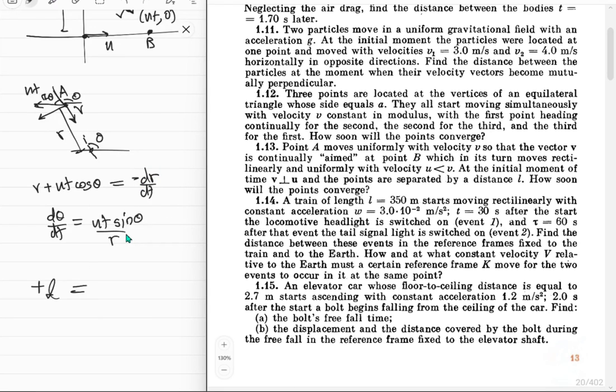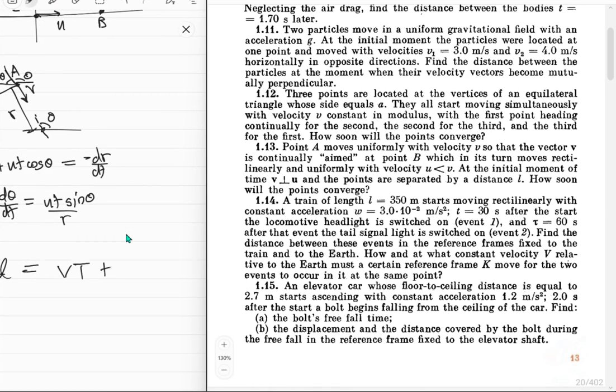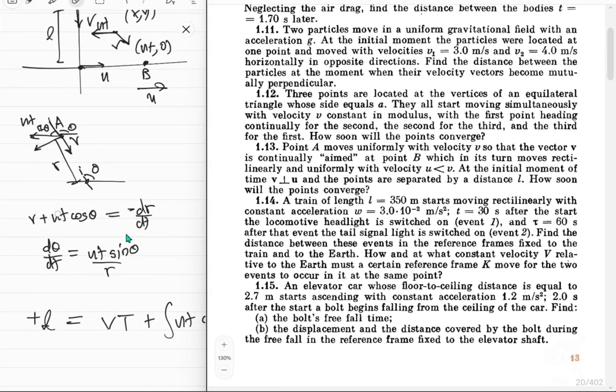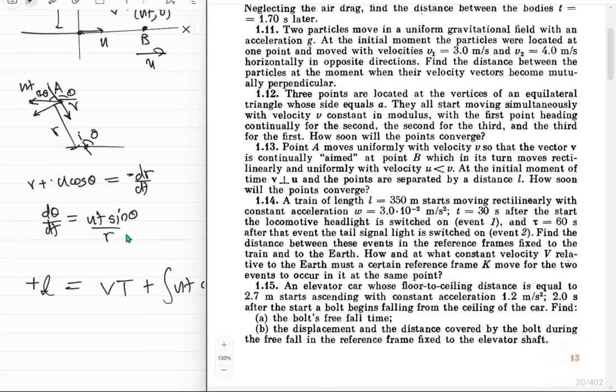Fine. So L is equal to V times whatever time required, and then plus integration of ut times cosine. Oh, it's not supposed to be ut like that. This is just u. Sorry, I mean the coordinate is that, but this is u, so it's not supposed to be ut anywhere. It is just u, not ut.